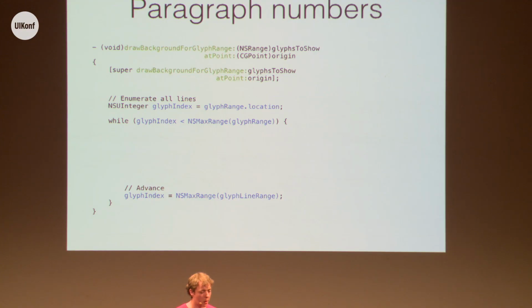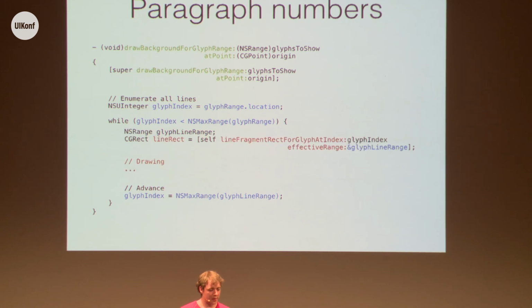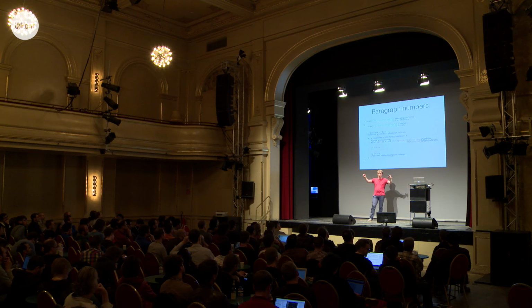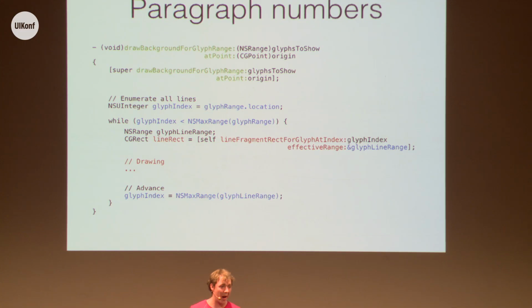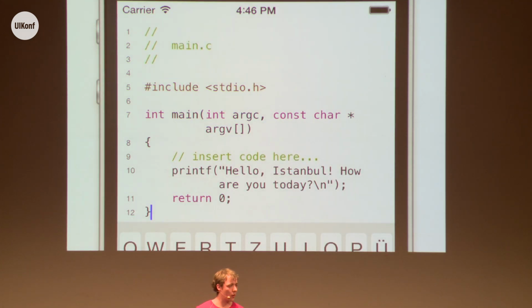And then you iterate over all the lines that you should be drawing, and ask the Layout Manager for the line fragment rect, so the rectangle for the line you're in, and then you just call your draw methods like NSString draw in rect, and that's it. So the drawing is very, very straightforward. You only need to know where to go and how to iterate over the lines, which is shown there. All right, and then we have paragraph numbers.